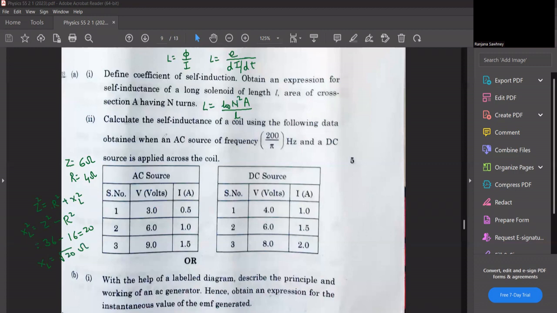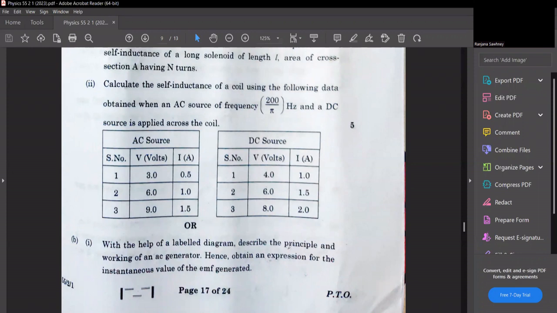Okay, now as you have to find out the self-inductance, XL we know is equal to 2 pi nu into L. XL we have determined, under root 20. 2 into pi into nu here is 200 upon pi, and L has to be determined. So pi and pi cancel out. L is equal to under root 20 upon 400 Henry. So this will be the value of L. This can be calculated. I think it comes out to be 11 millihenry.